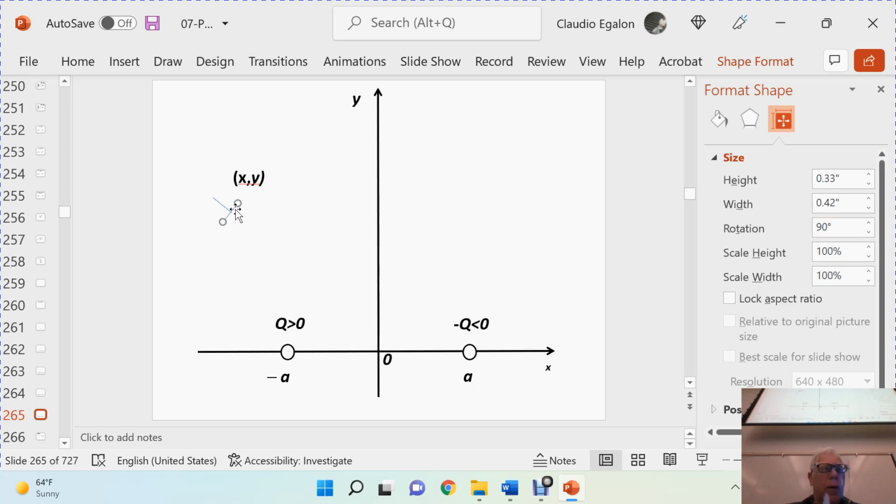Here you go. That's going to be the coordinate x and y.